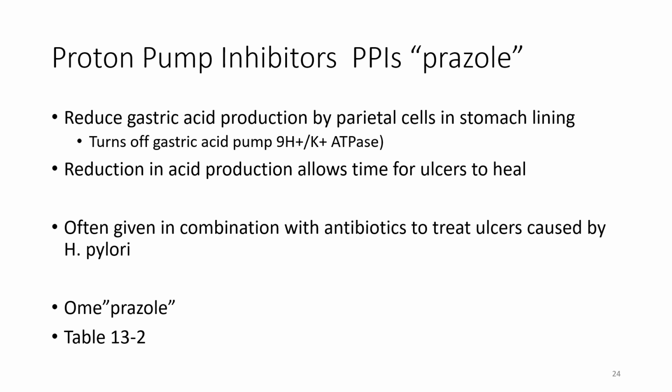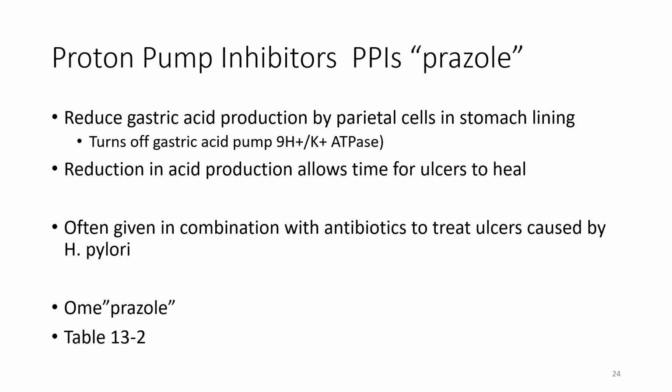Okay, so with proton pump inhibitors, basically their entire function is reducing that gastric acid production by turning off that gastric pump. Okay, so if you can remember that, you will be good. So by turning off that pump, we reduce the acid production, which will then allow any ulcerations in that area of the stomach to heal.